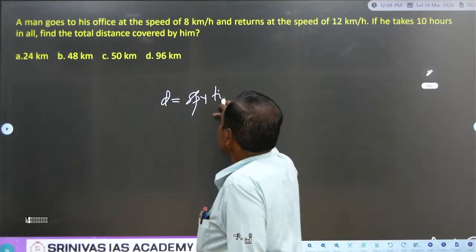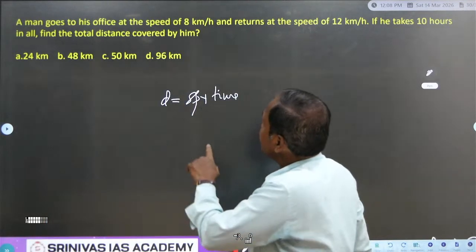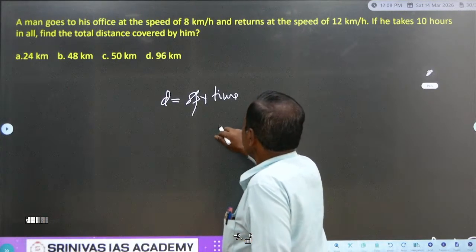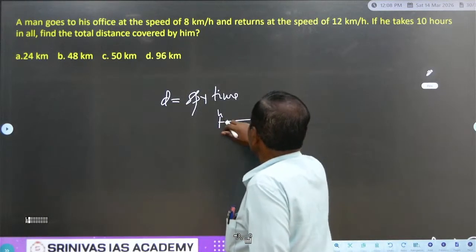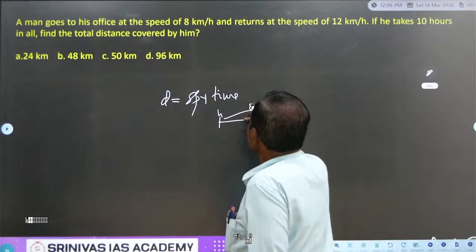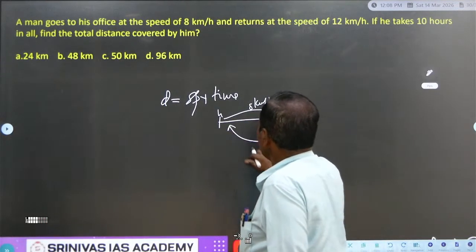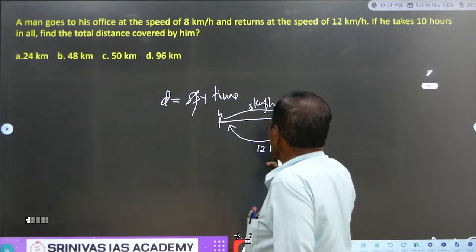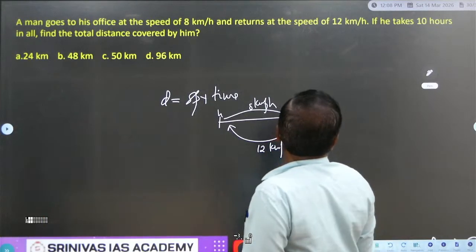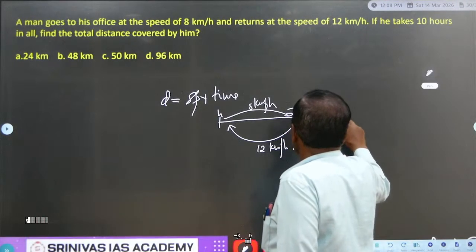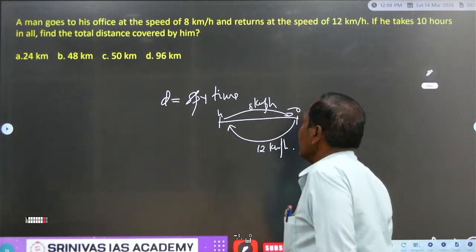This is the home, this is the office. While going 8 kilometers per hour, while returning 12 kilometers per hour. The total time taken is 10 hours.